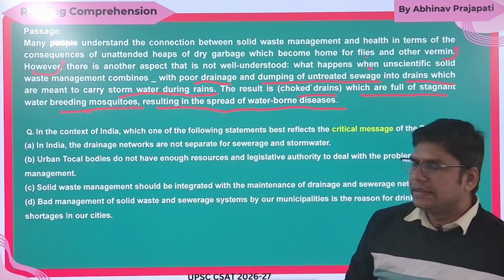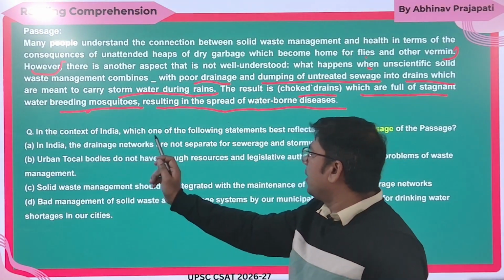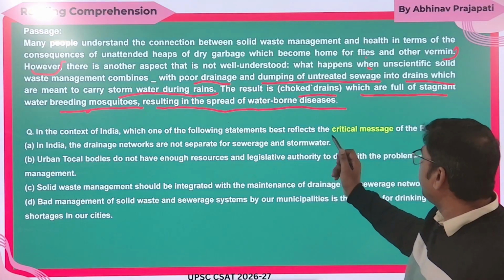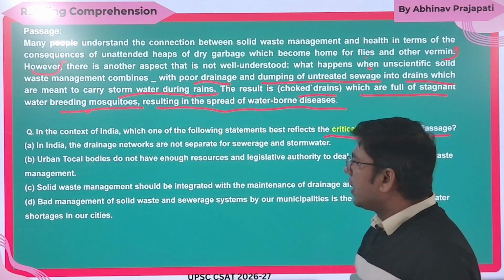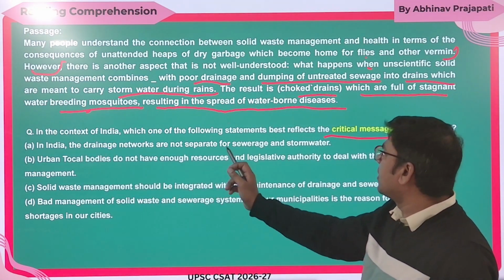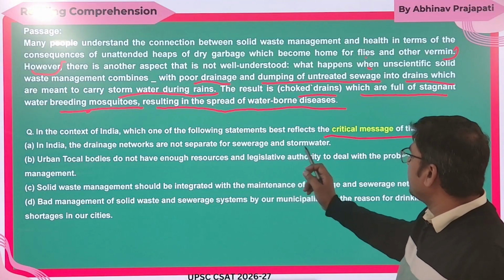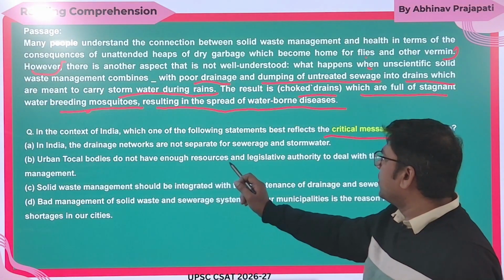Now, in the context of India, which one of the following statements best reflects the critical message that can be drawn from the passage? So which one of these is the critical message? If you see the options: in India, the drainage networks are not separate from sewage or storm water. The urban local bodies do not have enough resources, not talking about that, this is irrelevant.